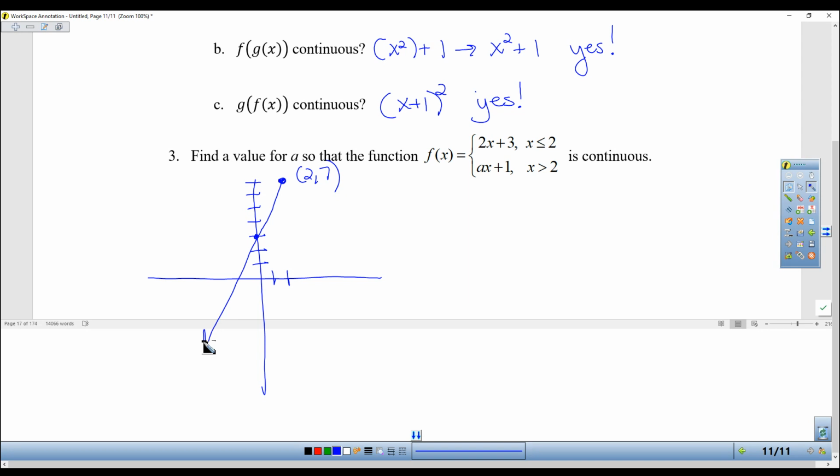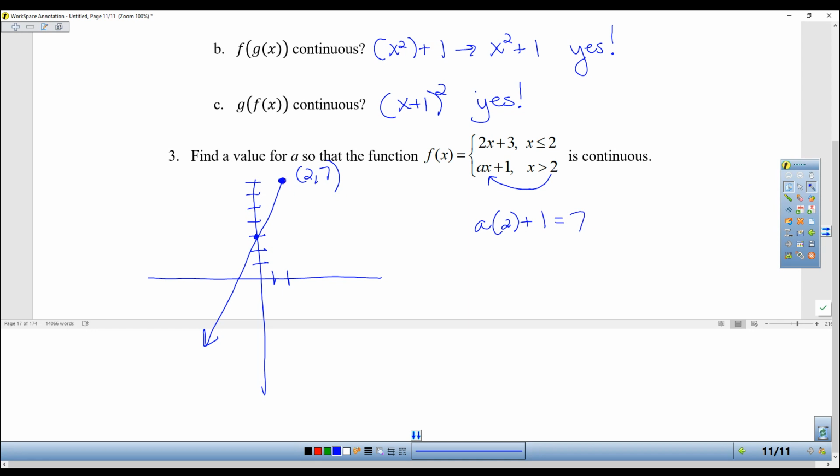So that looks like that. For x is greater than 2, it's going to be some other line, but I want it to be continuous. So what does that mean? That means when I plug a 2 in for x, I need the answer to come out to be 7.